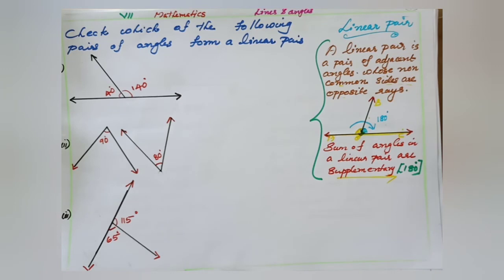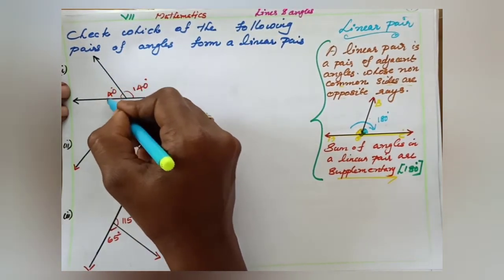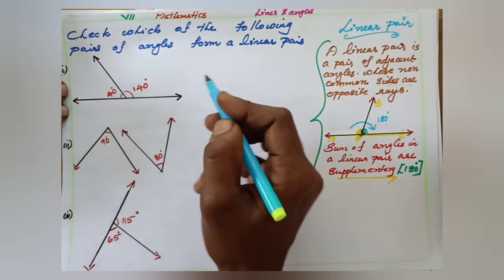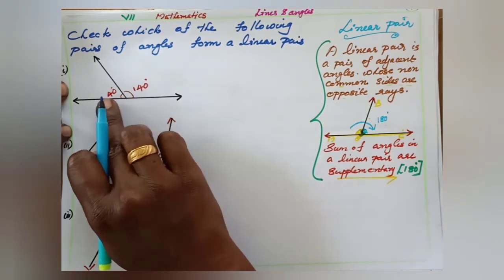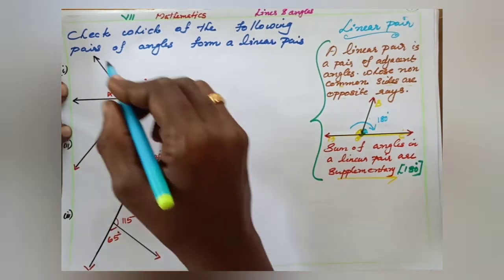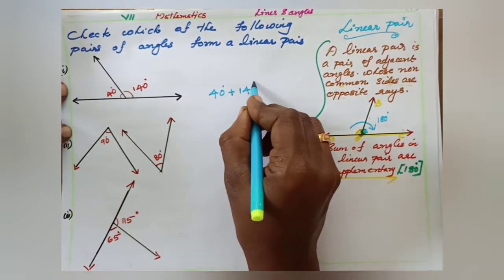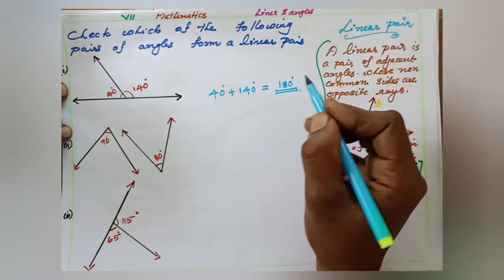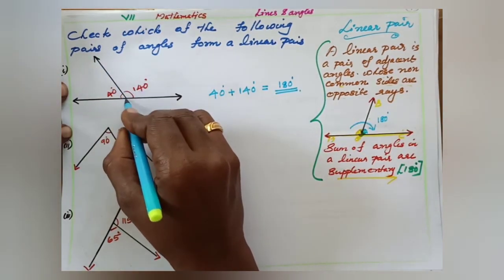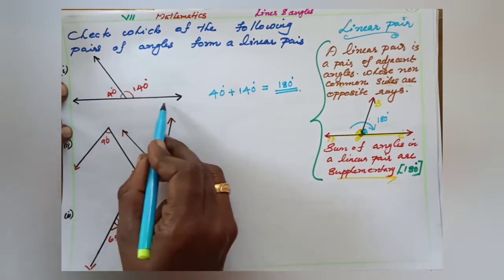So check which of the following pairs of angles form a linear pair. Find the sum. Given the angles 40 degrees and 140 degrees, adding 40 plus 140 equals 180 degrees. They have a common arm and common vertex, and the non-common arms are opposite rays forming a straight line.